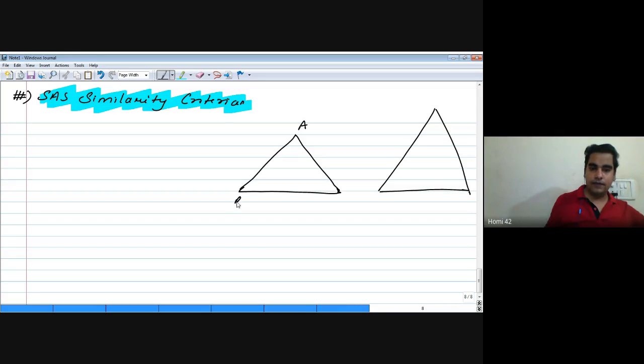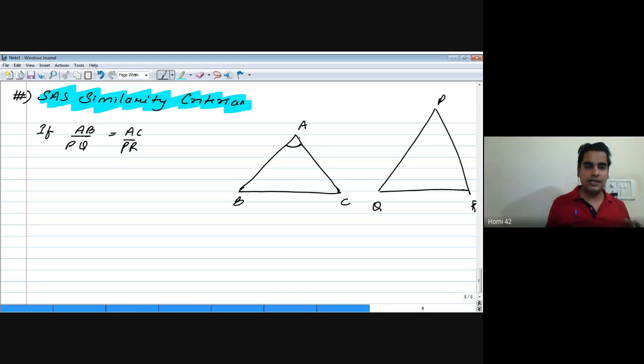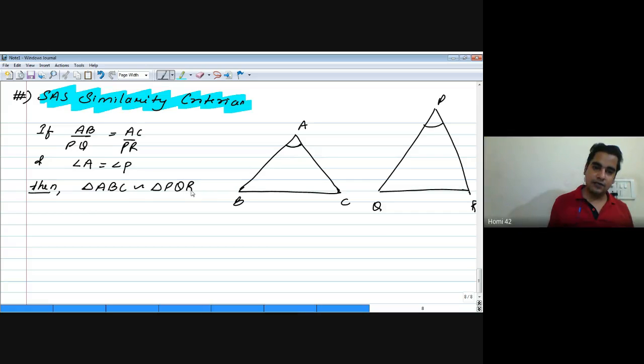If AB upon PQ is equal to AC upon PR, and if their included angle, meaning the angle between the two sides under consideration, angle A is equal to angle P, then we have triangle ABC similar to triangle PQR by SAS rule. Is this clear?